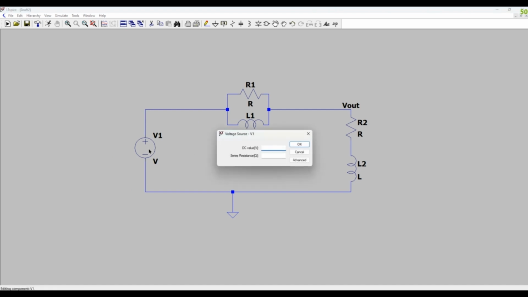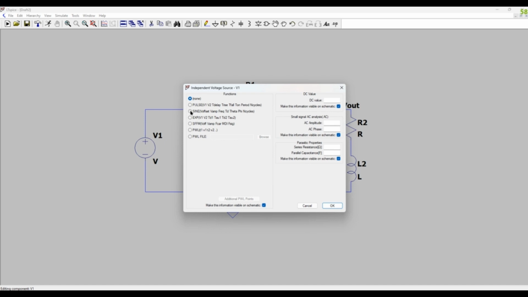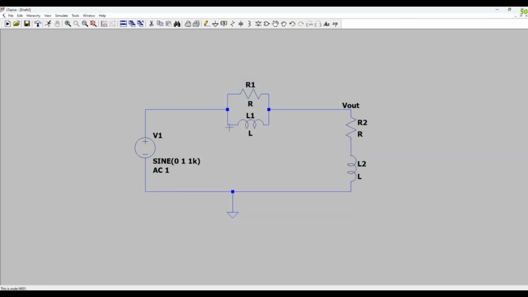Okay, right click at the voltage source, advanced, sine. The DC offset is 0. Our amplitude, I assume, is 1 and frequency is 1 kilo. AC amplitude is 1. Click OK.